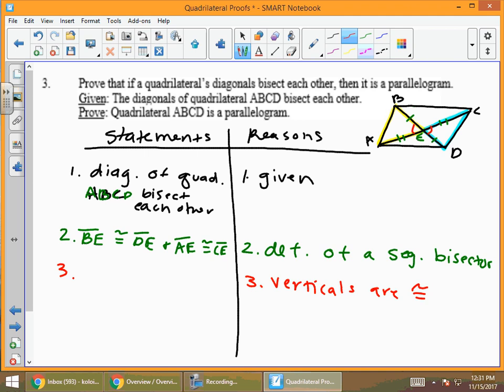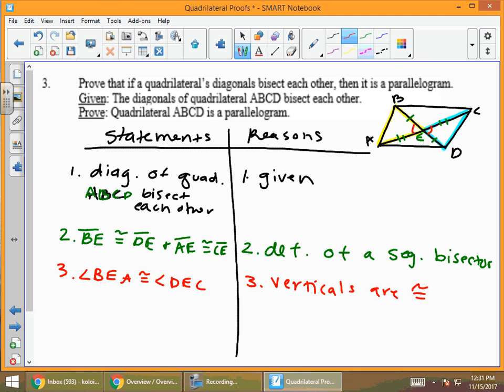Okay? So we just have to say that angle BEA is congruent to angle DEC. That's still correct. Okay? So now can we state that these triangles are congruent?